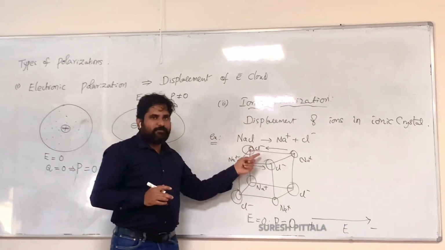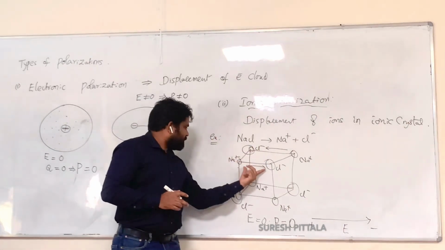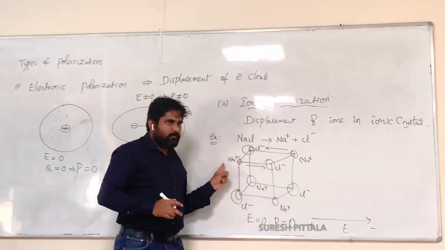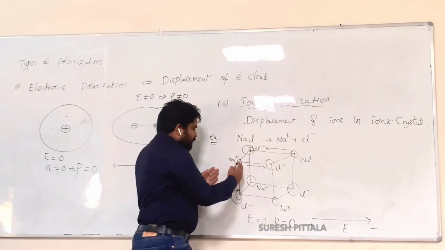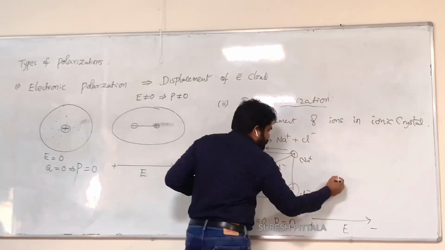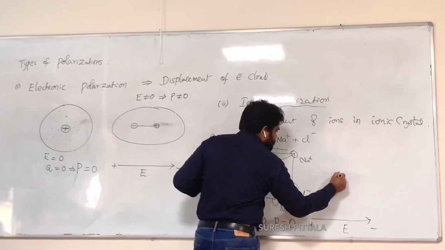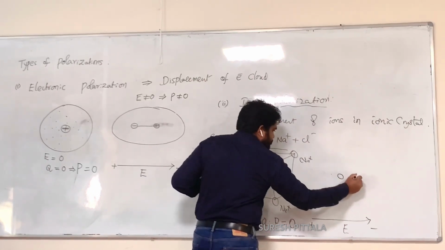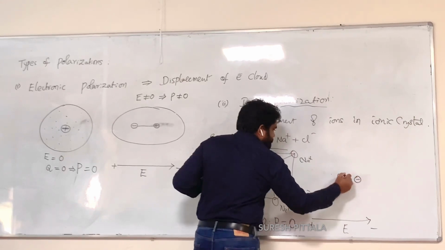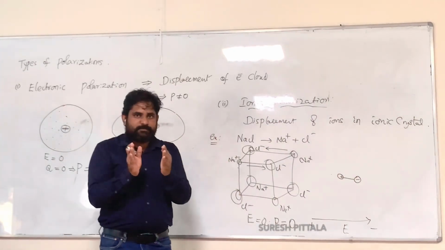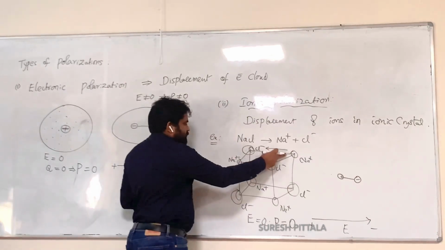What happens to this dipole? This is positive, this is also positive. So will it go this side or that side? That's right. So this ion moves from this point to this point, and Cl moves from this point to this point. It comes like this. So the distance is reduced.